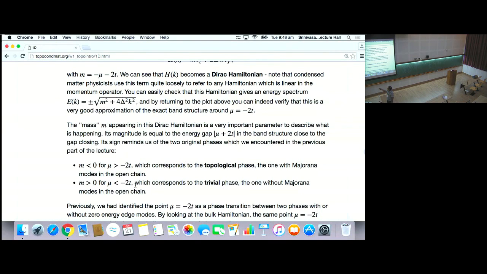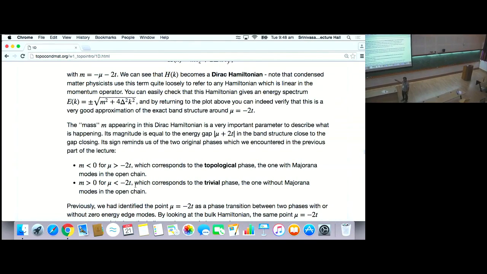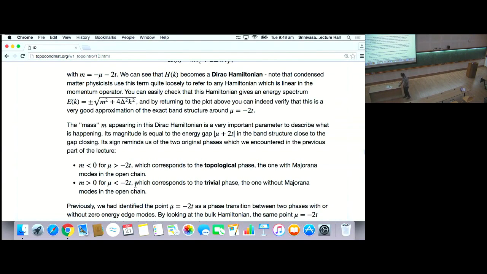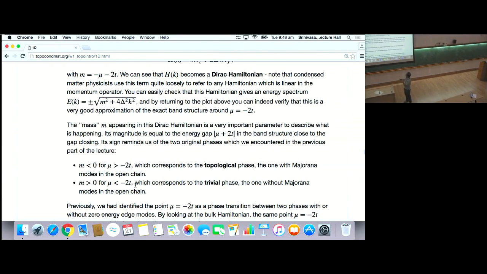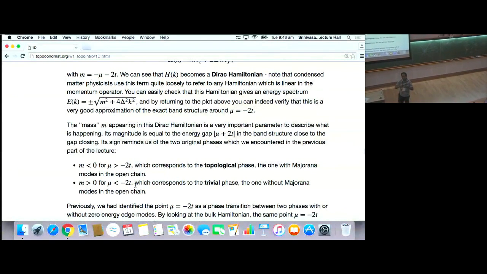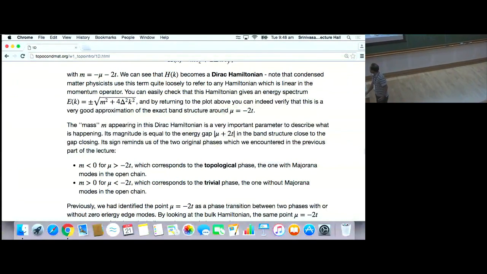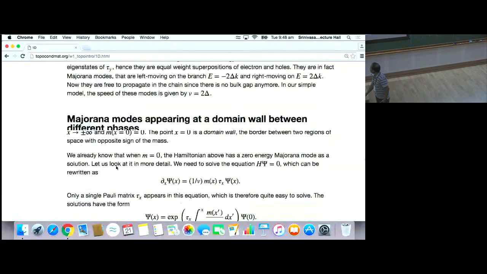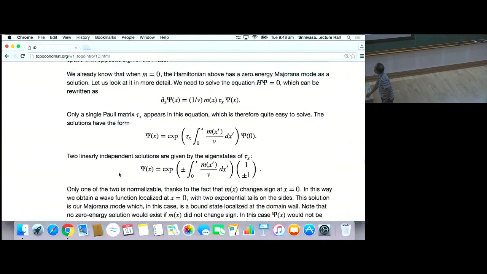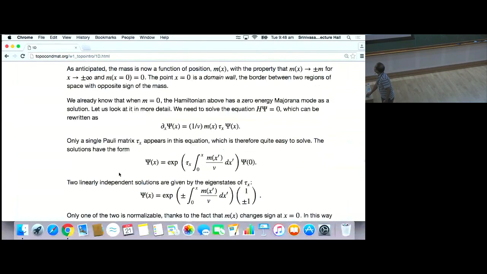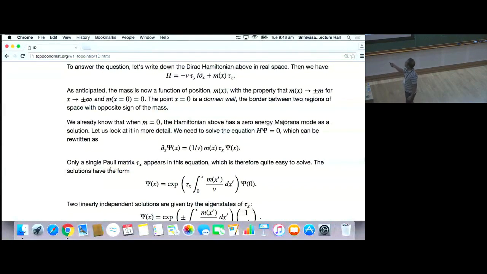So m was less than 0 when mu is greater than minus 2t, and m is greater than 0 when mu is less than minus 2t. Combining this, it tells you that whenever this combination of mu plus 2t changes sign at some point in x, you have a 0 mode. This is a sufficiently important point that I want to elaborate, and sufficiently simple that it's nice to see how this happens.